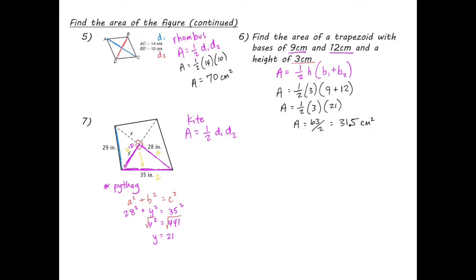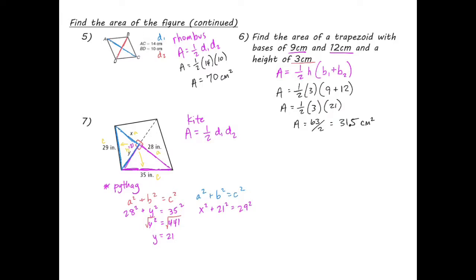Now we should be able to find x, because now I know two sides in this right triangle. So I'll do Pythagorean theorem again. And this time it's going to be B is 21, C is across from the right angle, so the 29 will be C, and that means x is going to be your A. So we have x squared plus 21 squared equals 29 squared.